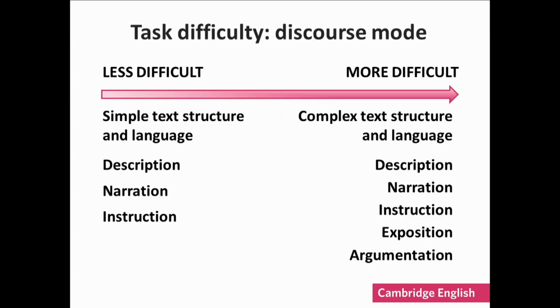the text structure, the writing style, the vocabulary, and possibly the language functions, and thereby pose different challenges for readers. That's why, at lower proficiency levels, such as A1 and A2, for example, appropriate discourse modes are description, narration, for example, a text telling a story of an event, and instruction.